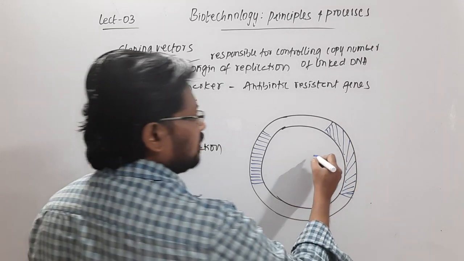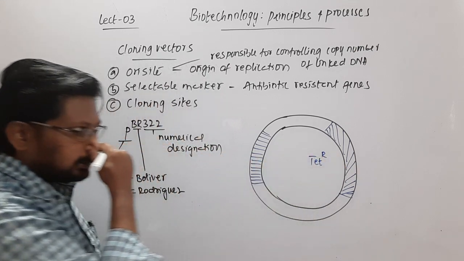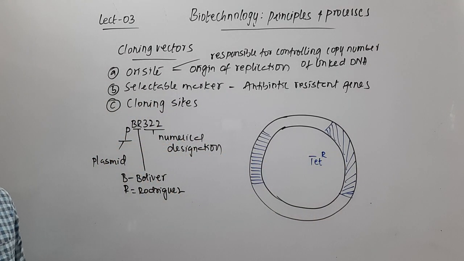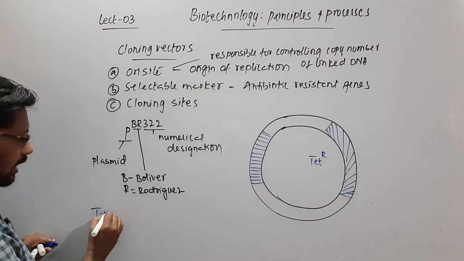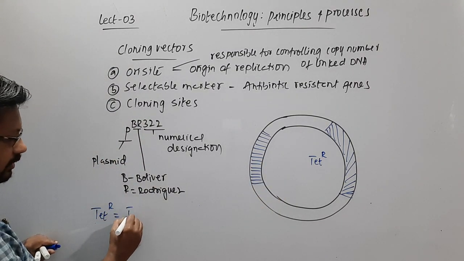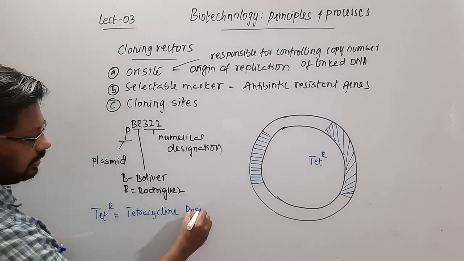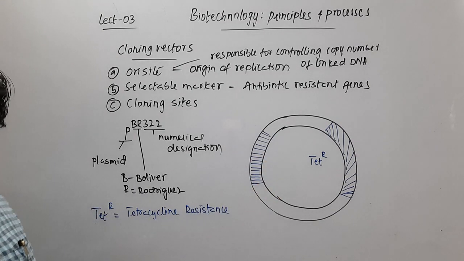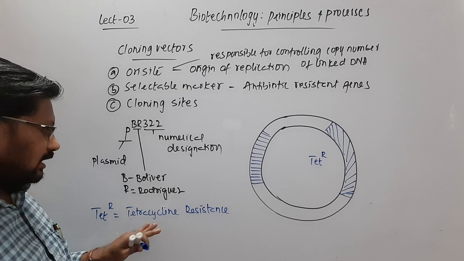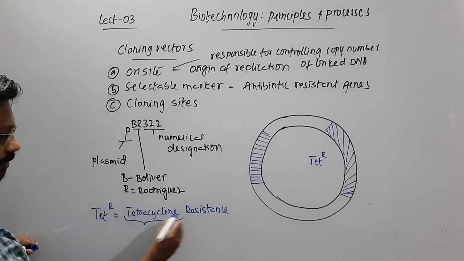This one is TetR, which stands for tetracycline resistance. So that gene will produce proteins which will counteract the tetracycline. Tetracycline is an antibiotic.